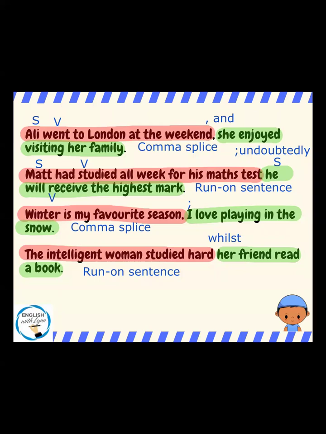You need to make sure that you are either making them into a compound sentence by adding one of the fanboys conjunctions, or make them into a complex sentence by turning one of the main clauses into a subordinate clause.